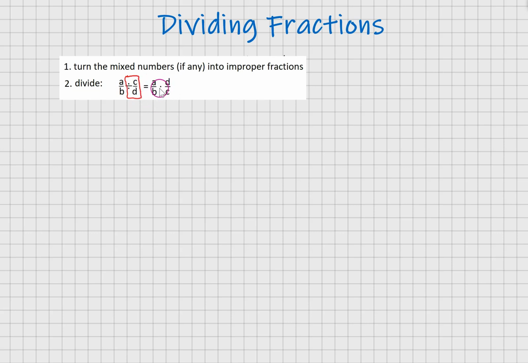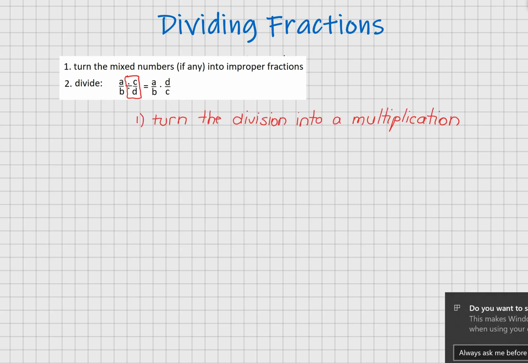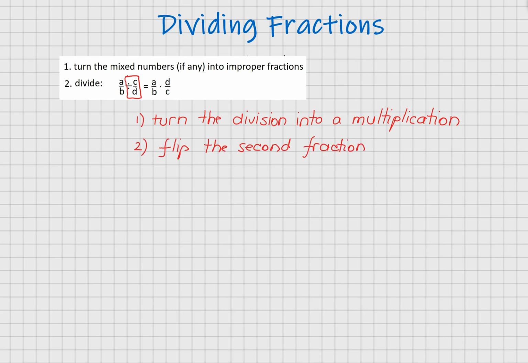In other words, you're going to multiply the first fraction by the reciprocal of the second one. So the two steps: turn the division into a multiplication and flip the second fraction. These are the two things that you have to do when dividing two fractions.